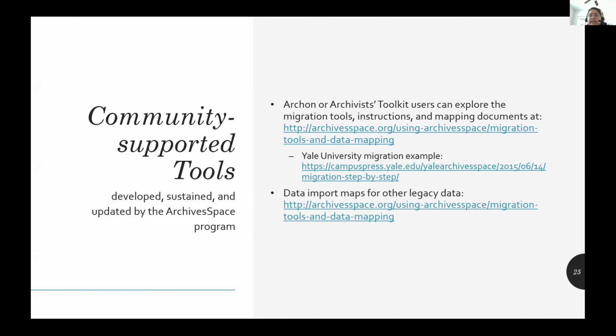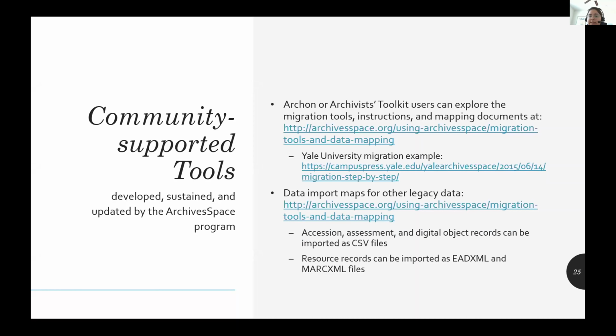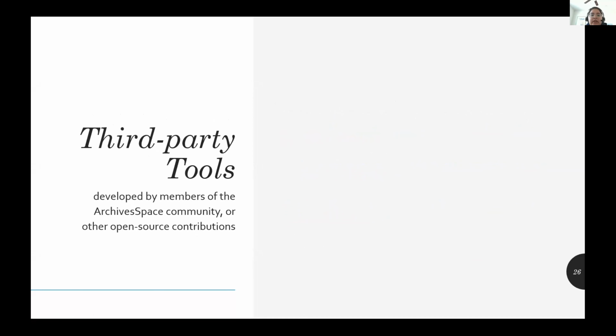I also included the link there. If you have some legacy data in CSV files, or as EAD XML or MARC XML, there are import maps also located on the ArchivesSpace website, and the link is provided in there for you. All right, so the next slide, third-party tools.